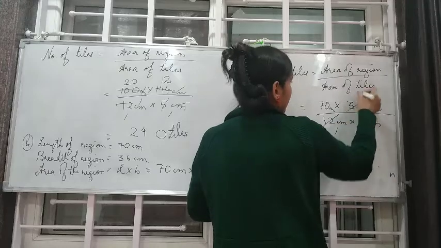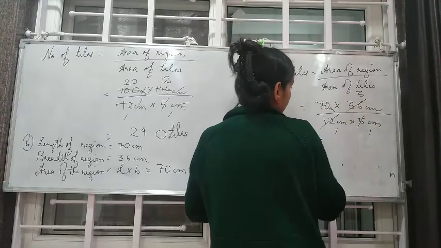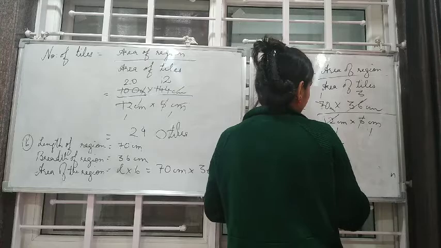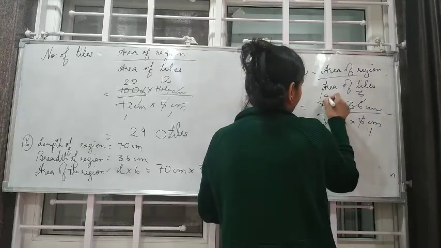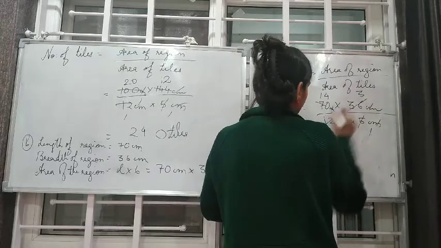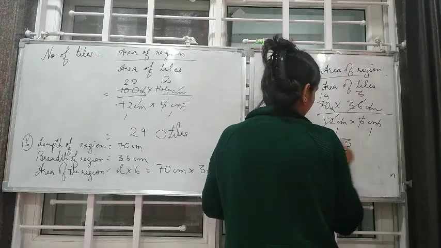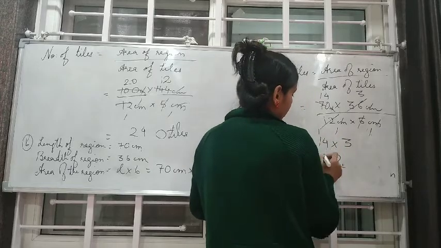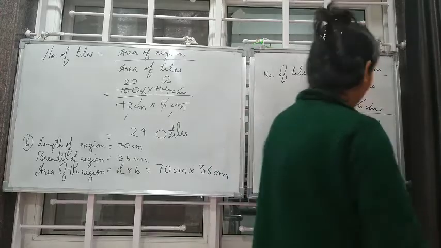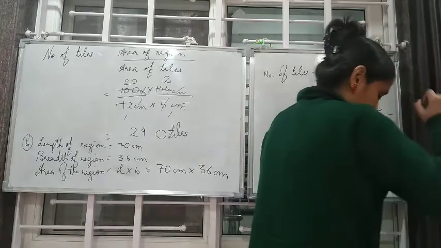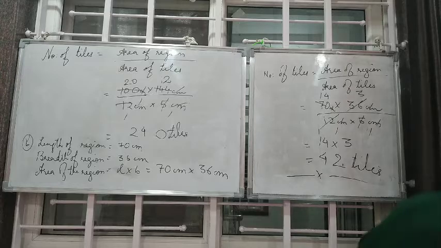So 12 ones are 12, 12 threes are 36, 5 ones are 5, 5 fours are 20. Centimeter got cancelled. So it is 14 into 3, that is 3 fours are 12, 3 ones are 3, 42 tiles. So this completes your exercise 10.3 as well as your chapter 2.